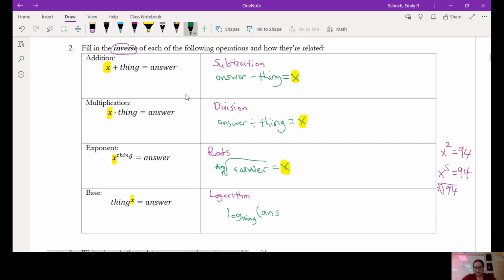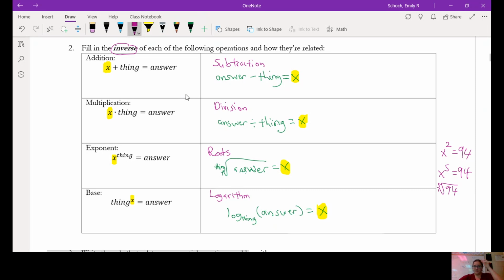Because remember in inverses, we do something to the answer, and that equals the exponent, x. It's the same thing here, where you're thinking, what exponent could I use to get an answer?